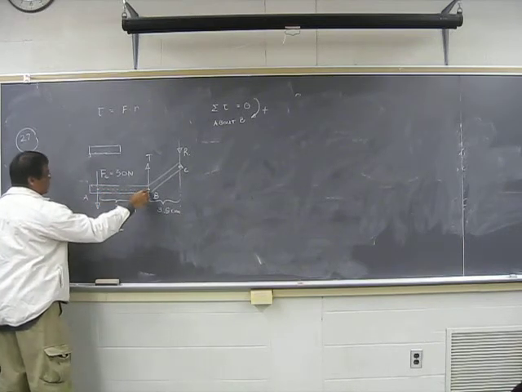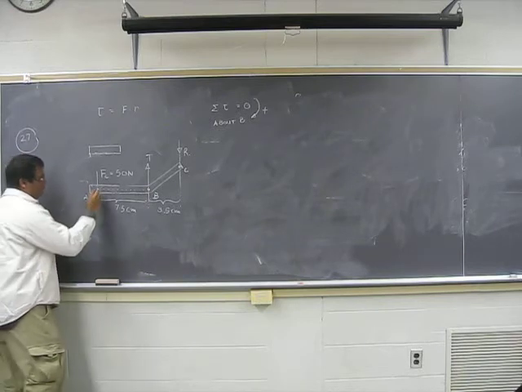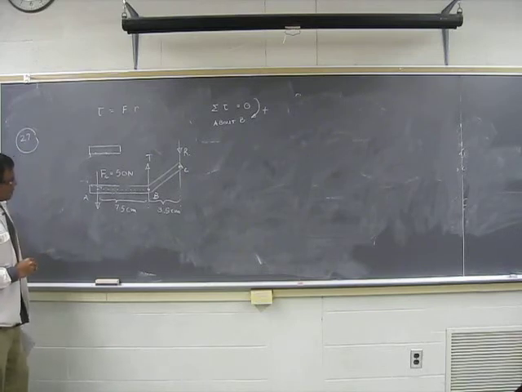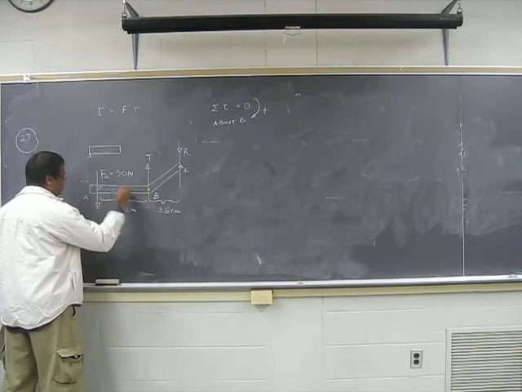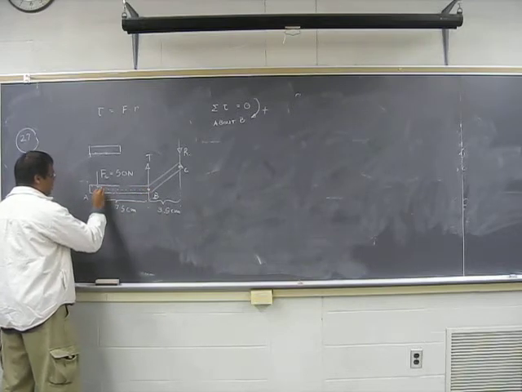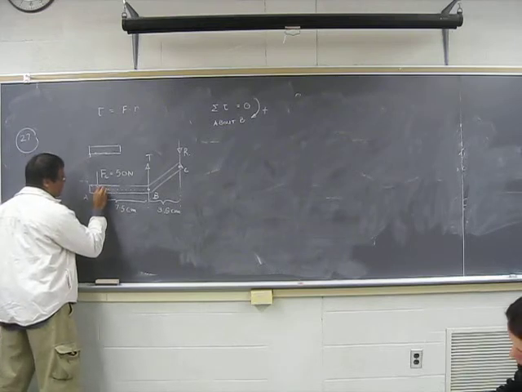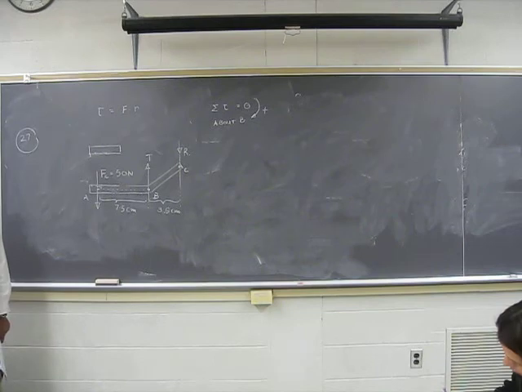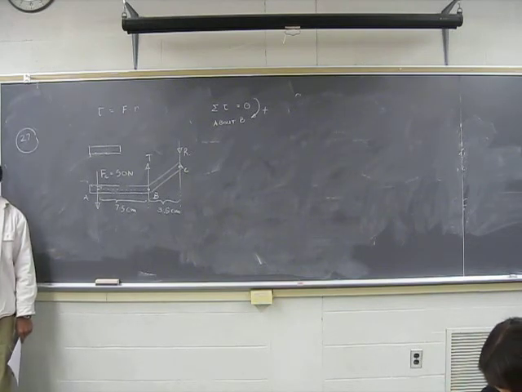How much is the distance from the pivot point to this force? 7.5 centimeters. When we measure this distance, we measure the shortest distance between the pivot point and the force, and this distance has to be normal to the force. Sometimes we have forces going at an angle, then we have to resolve that.